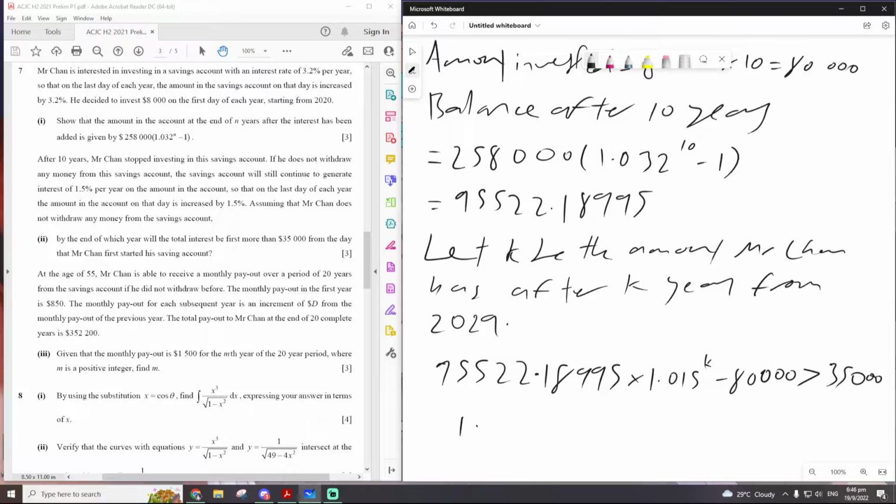You can solve for 1.015 to the k to be greater than something. You'll get this to be 1.2039.